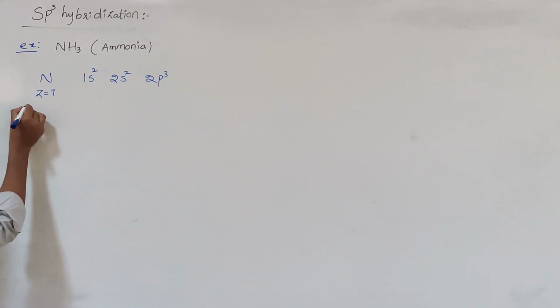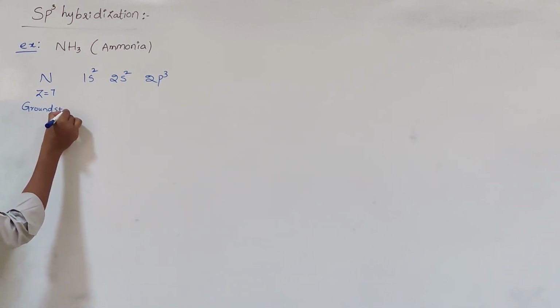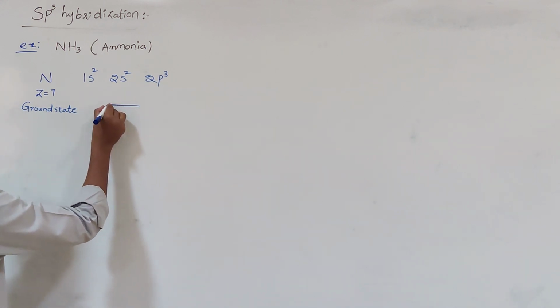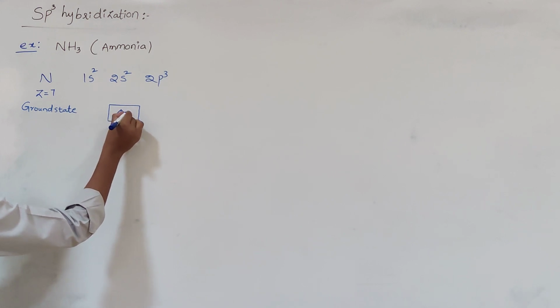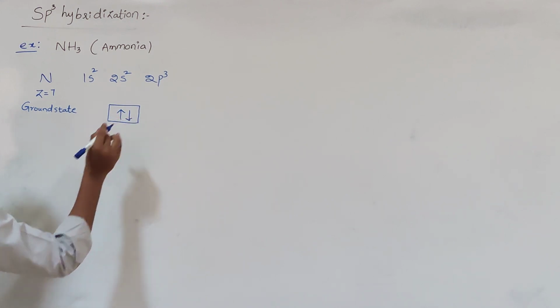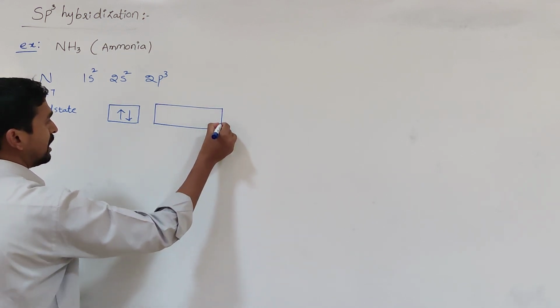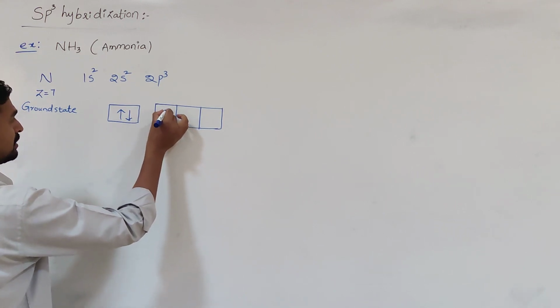This is the ground state electronic configuration. In the valence shell, the 2s orbital consists of 2 electrons with opposite spin. In the 2p subshell, each orbital is filled with 1 electron.